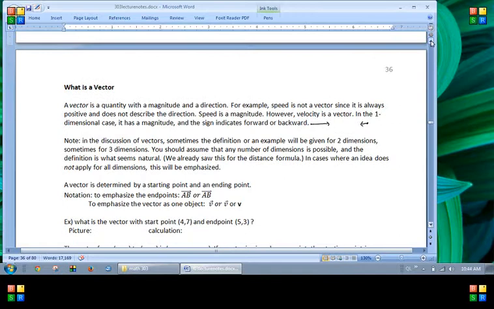Okay. So suppose you have something that starts at the point (4, 7) and goes to the point (5, 3). What is that vector? Well, first, let's draw a little picture to see what this means. So what this means is we're at the point (4, 7), and we're going to go to the point (5, 3).